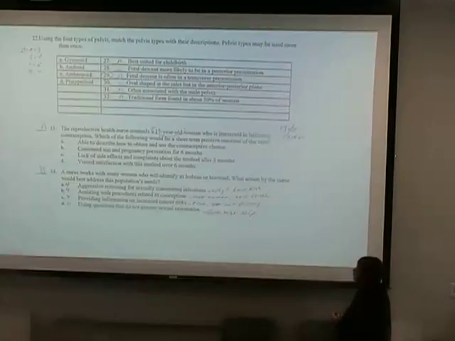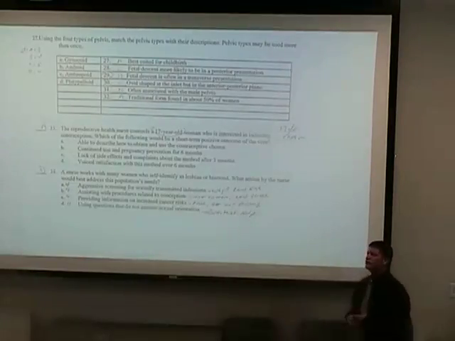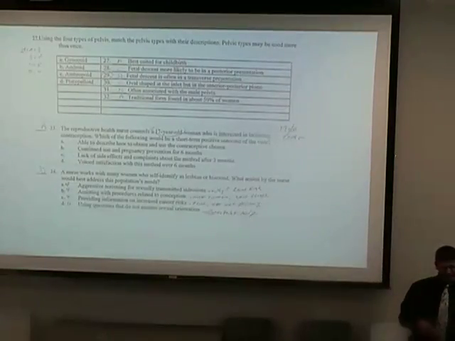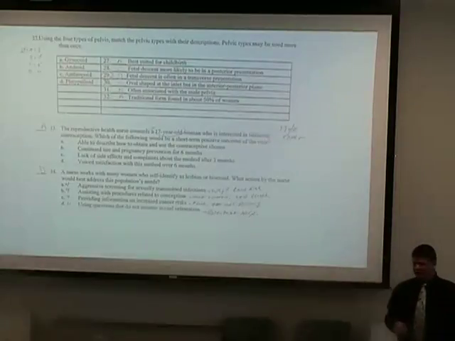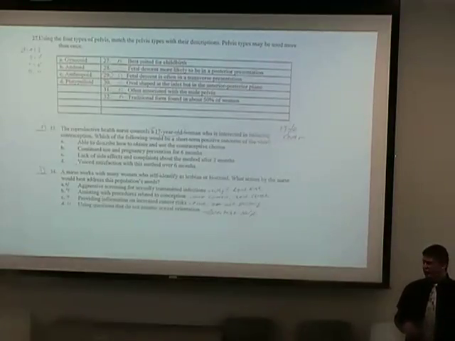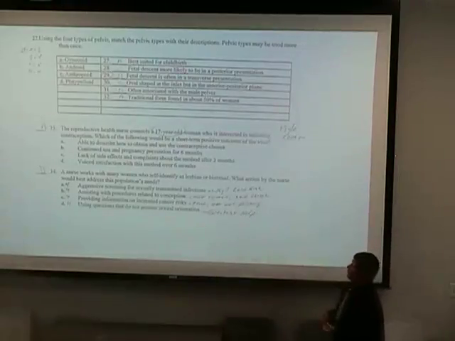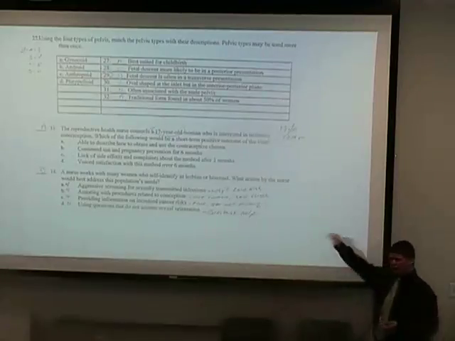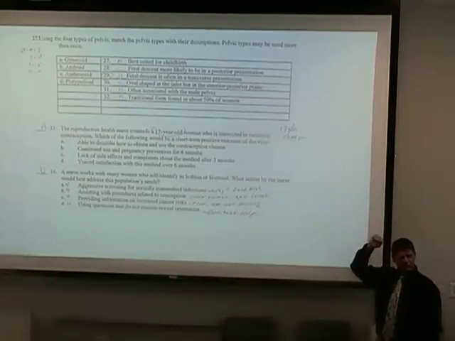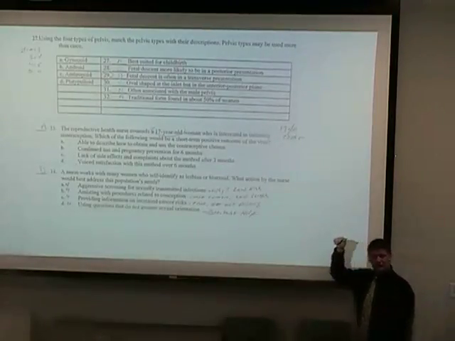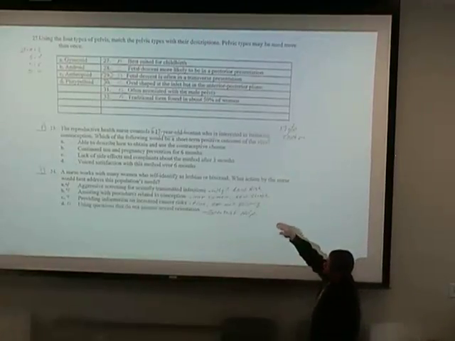Continued use and pregnancy prevention for 6 months, that's long-term. If you can continue to use the same medication for 6 months, you're probably going to stay on for a long time. That first 3 to 6 months is where we fail an awful lot. Lack of side effects and complaints about the method after 3 months, does that have anything to do with knowledge deficit? No, nothing at all. So that doesn't work.